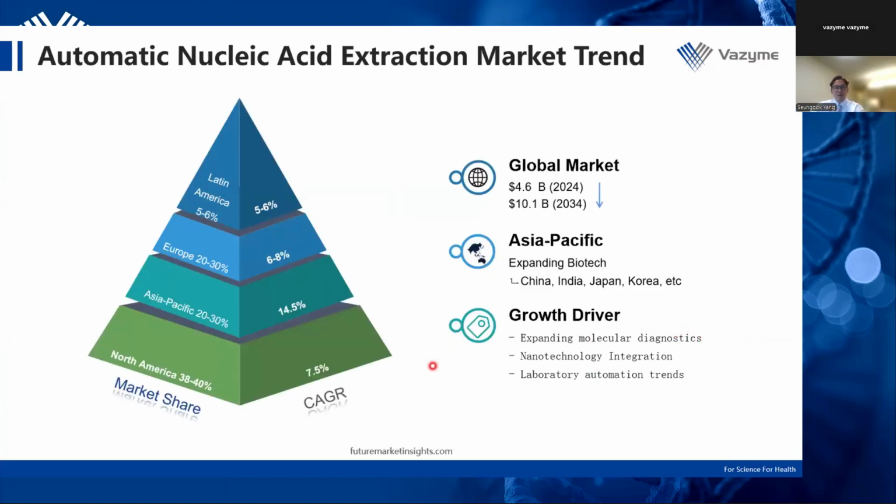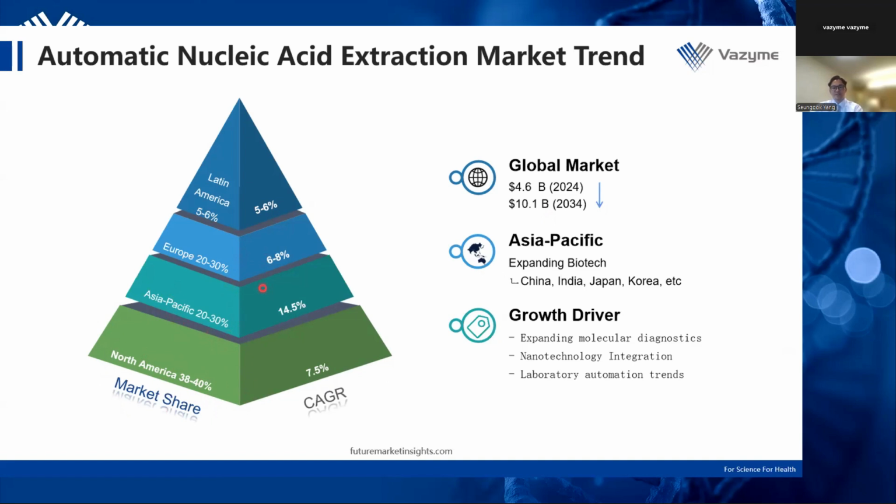The global market is projected to more than double from 4.6 billion USD in 2024 to 10.1 billion USD by 2034. Regionally, North America leads the market share at 38 to 40%, followed by Asia Pacific and Europe, each with 20 to 30%.